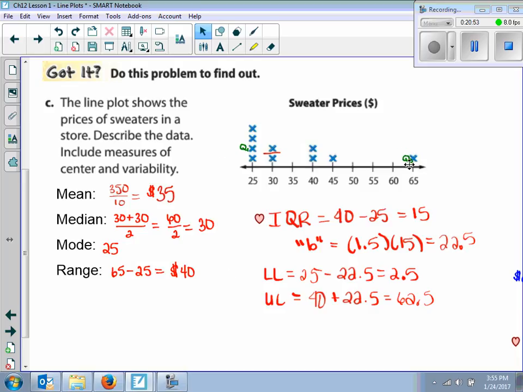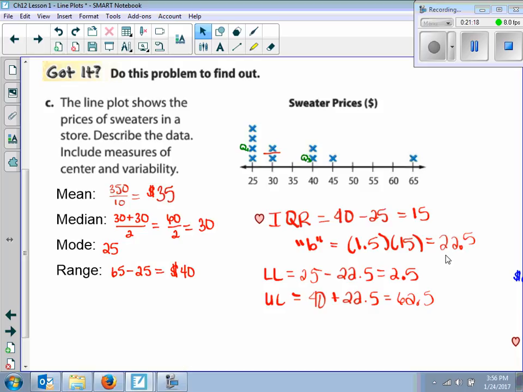Quartile 3, 1, 2, and then one more. There's quartile 3. So to get the interquartile range, we're going to subtract 40 minus 25, which is 15. Then we'll find our B. So that's 1.5 times the interquartile range, which is 22.5.